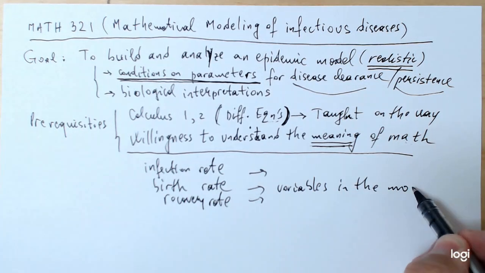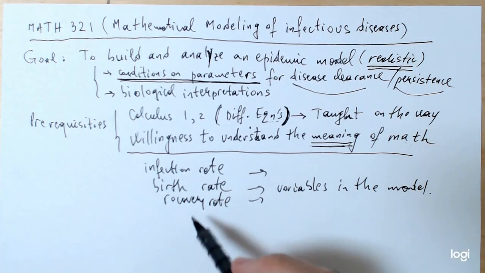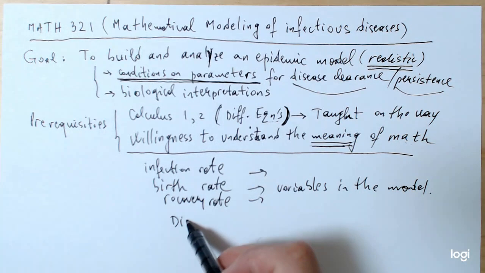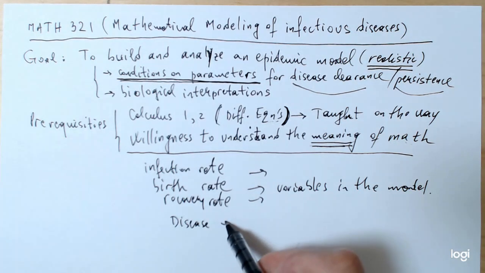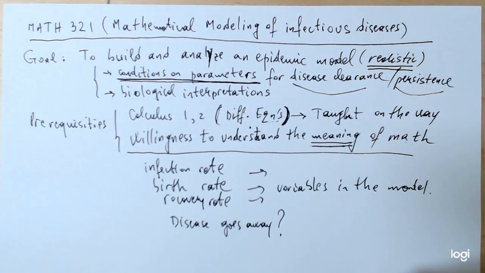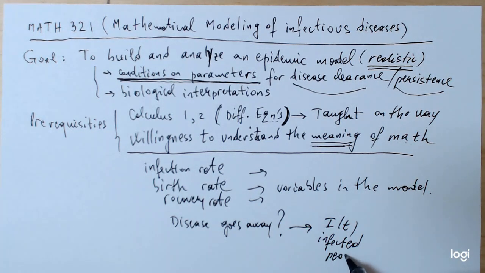For example, later on, we will ask questions like, under what conditions does the disease go away? So you ask this question based on the model. You have to make the connection that somehow in the model there might be a variable called I, maybe I of t, a function of time t, denoting infected people, and essentially to ask whether the disease goes away or not, I'm asking under what conditions this function goes to 0.